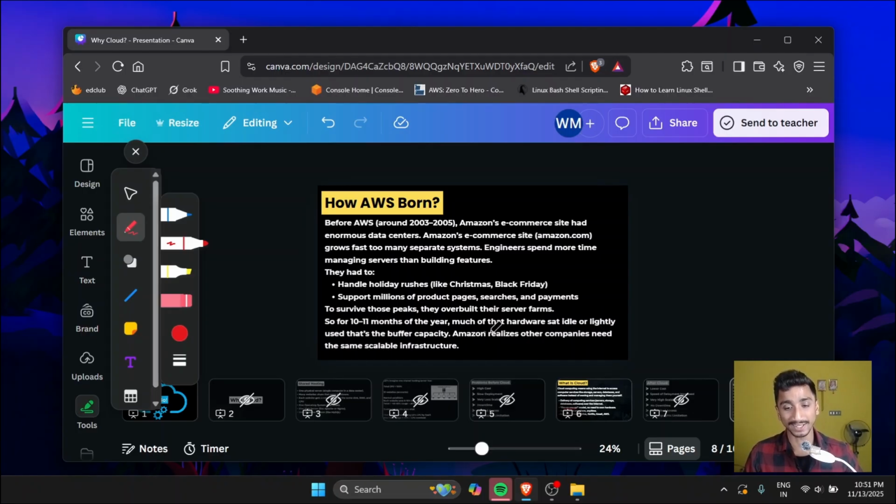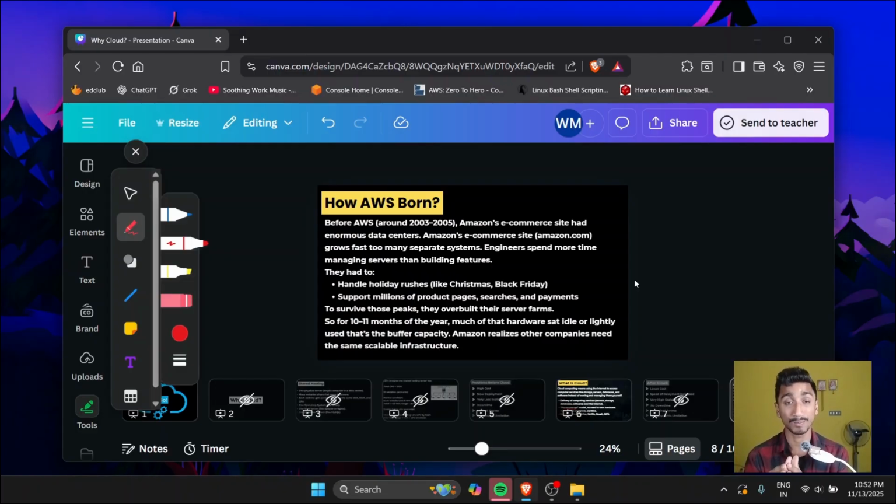Amazon realized that other companies need the same scalable infrastructure. So at that time, in 2003-2004, because of the sales on Black Friday and Christmas, the traffic on their website massively increased.